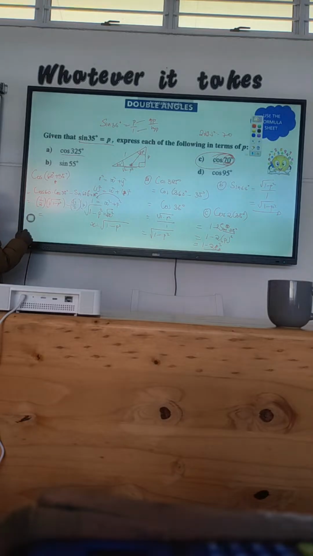So this can be simplified further to say this will be square root of 1 minus p squared over 2, minus square root of 3p over 2. Same denominator. So our answer will be the square root of 1 minus p squared minus p square root of 3, all of them over 2.